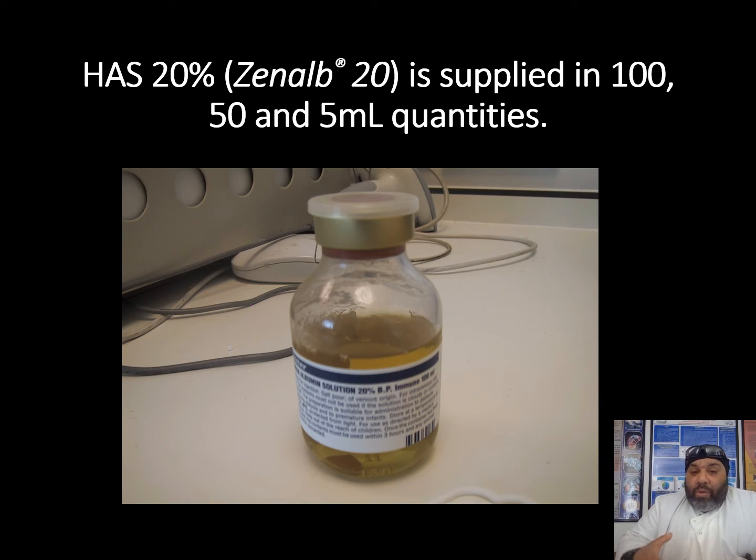Now HAS 20%, or Zenalb 20, is supplied in 500 ml, 100 ml, 50 ml, and 5 ml quantities. Again, in this image, there's a picture of what Zenalb 20, or 20%, looks like.